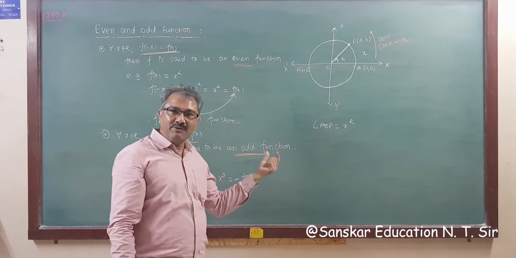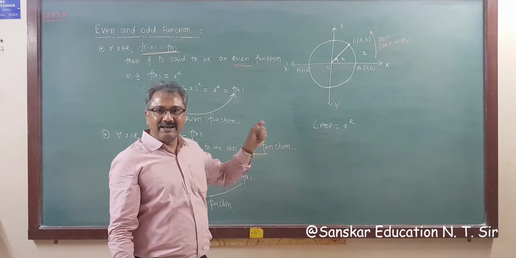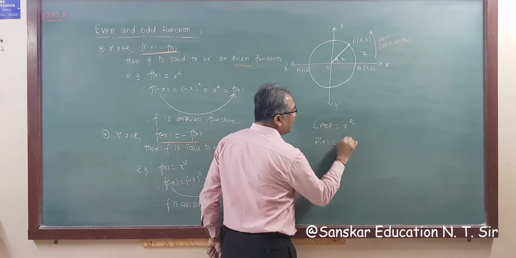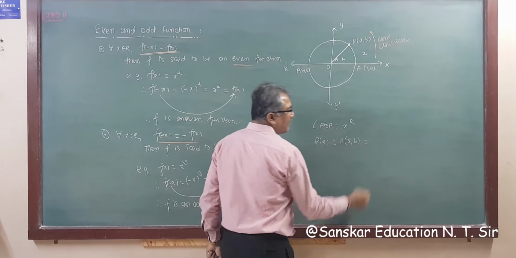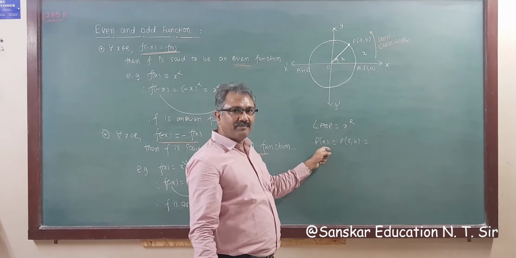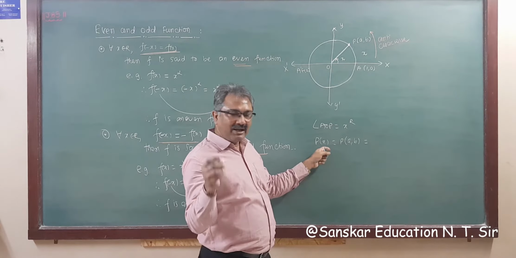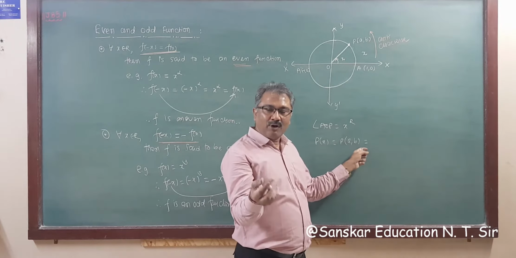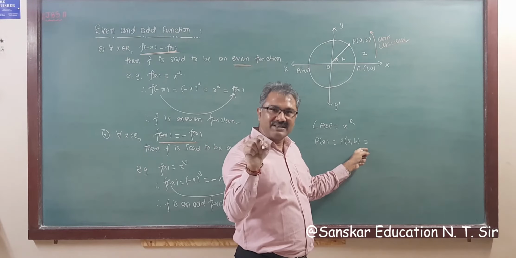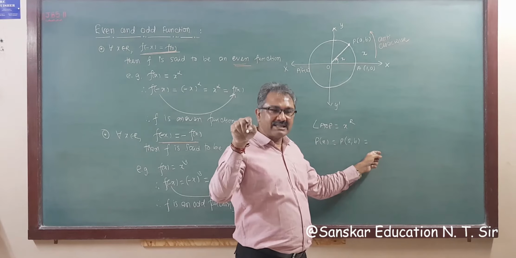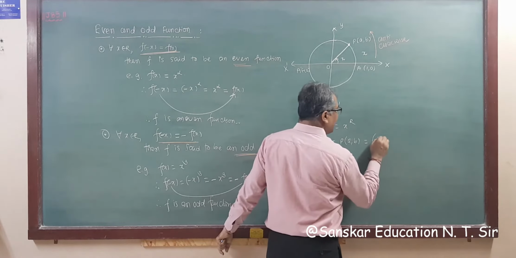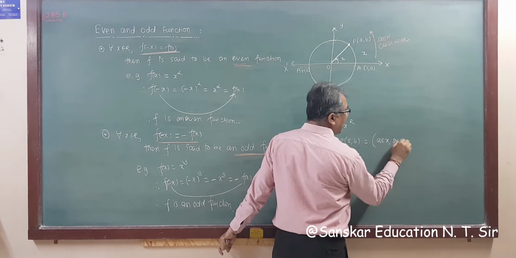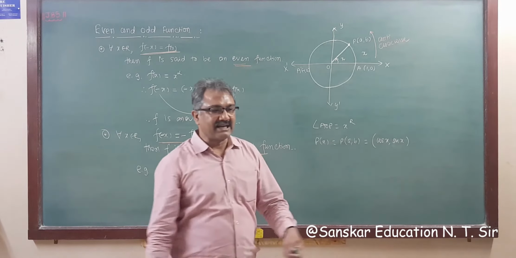So we have the trigonometric point, as we learned in earlier lectures, P is equal to (cos x, sin x), because in an ordered pair the x coordinate always represents the cos function and the y coordinate represents the sin function. So what we get here is cos x and sin x.